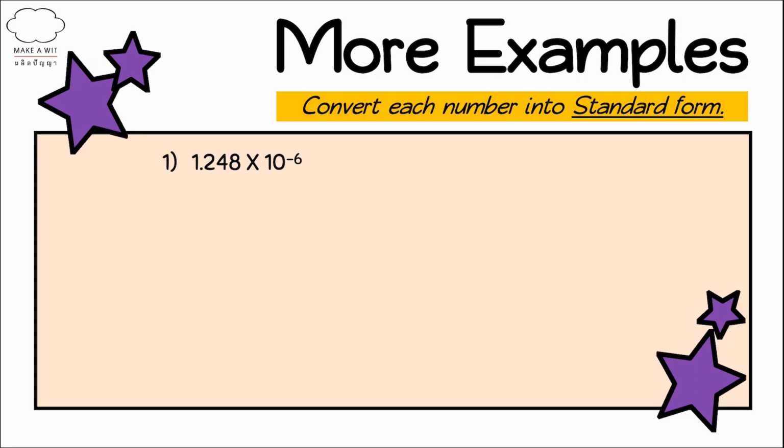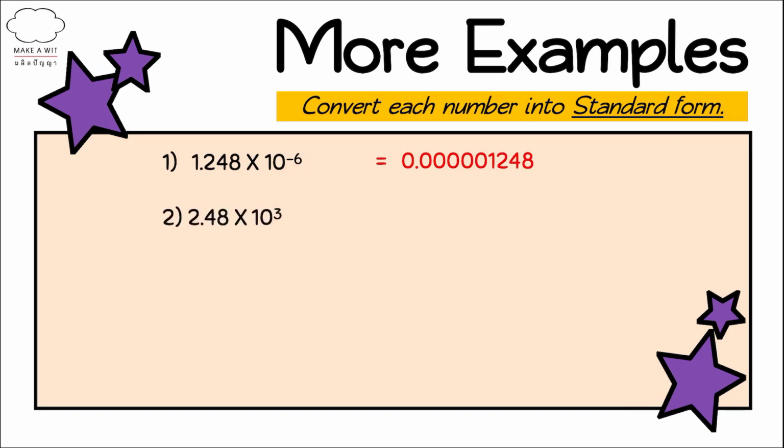So you just change, right? You just change decimal point to the left or to the right? To the left. Very good. So it will be 0.000001248. See? You just change here. So 5 zeros before number 1 here. It will change 6 places.